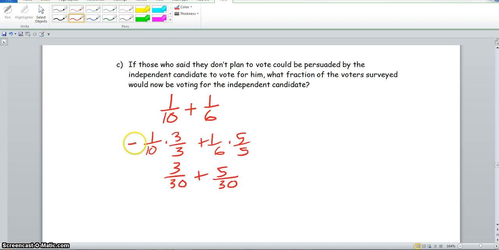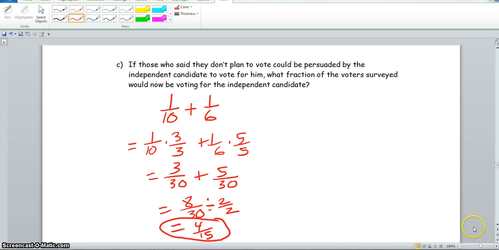So now we will have 3/30 plus 5/30, which is 8 over 30. Now we have to find the greatest common factor of 8 and 30, which happens to be 2. So we divide both by 2, and we will be left with 4/15. So that will be our fractional answer here.